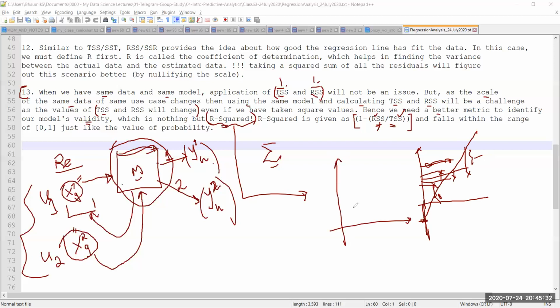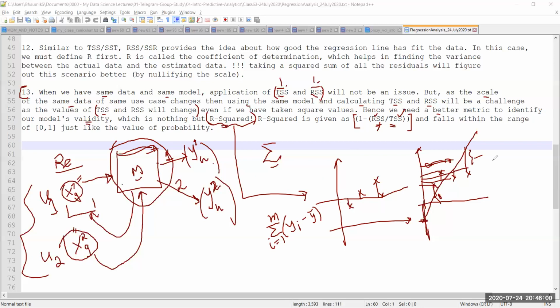TSS is where I have, let's say, these 4 data points, and I simply take a mean or an average of y, and I take the difference of the values from the mean. So in case of TSS, this becomes the sum of yi minus y bar, for i equal to 1 to m, where m is the number of training examples.